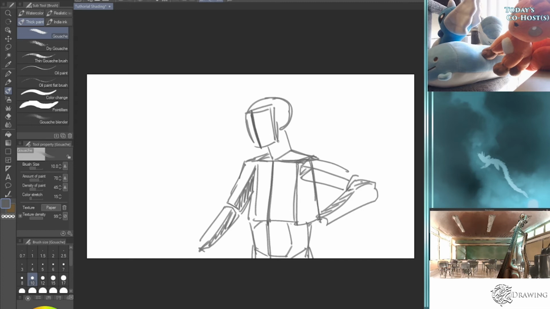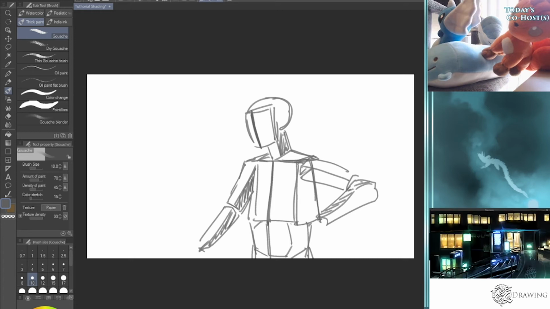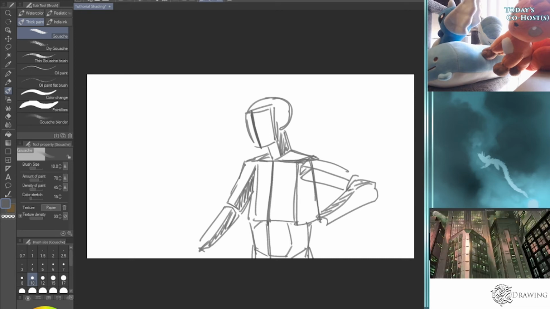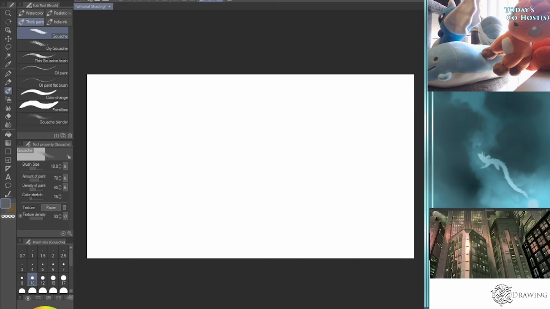Even the neck, right? Make sure you know where these objects are pointing. Does that make sense?